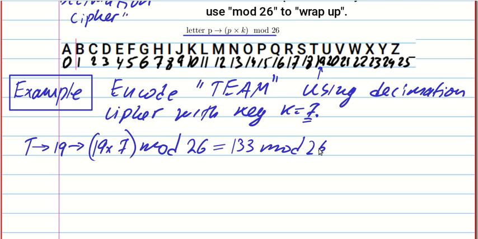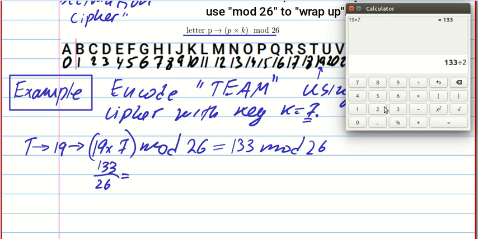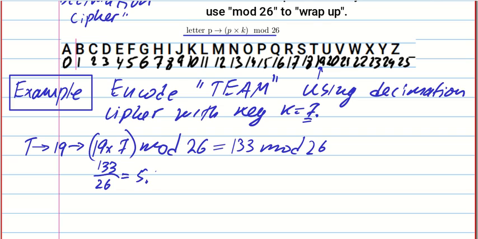133 mod 26. We're going to use a calculator to do that. We divide 133 by 26 and get 5.11. That means 26 goes 5 times into 133. To find the remainder R, we take 133 and subtract 26 times 5.